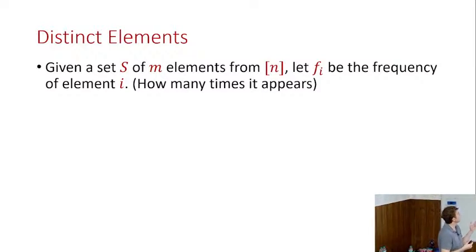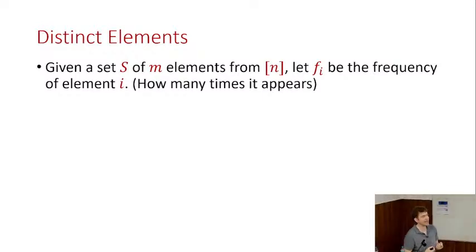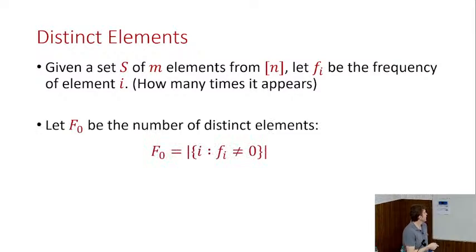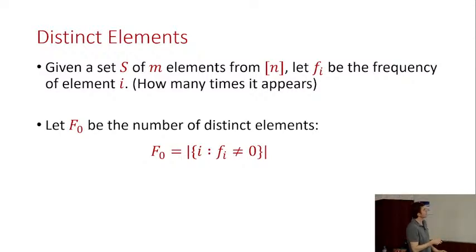So given a set of n elements from the universe 1 through n, let f_i be the frequency of element i. That is, how many times item i occurs. Then we let capital F_0 be the zeroth frequency moment. What that means is the number of distinct elements.